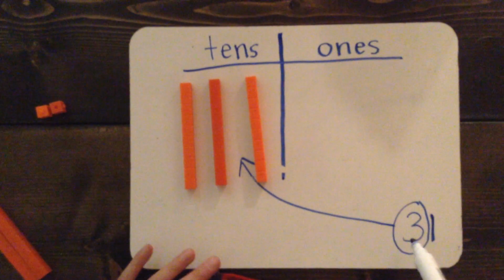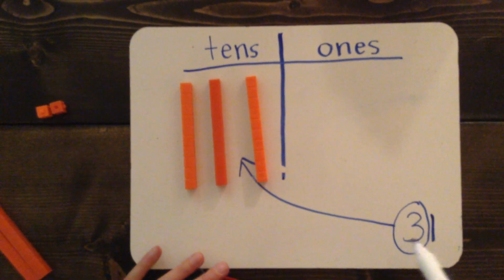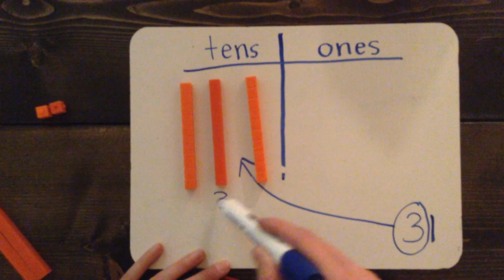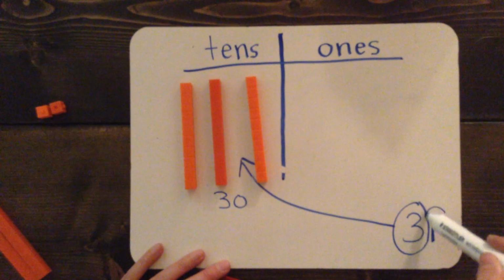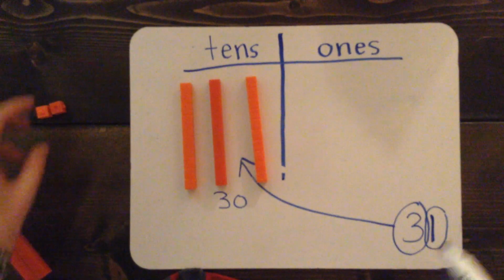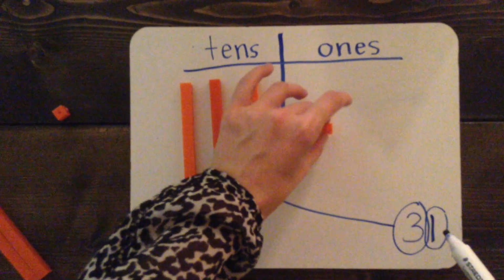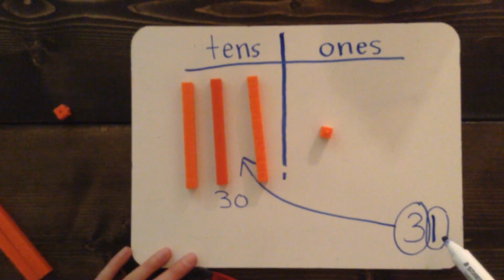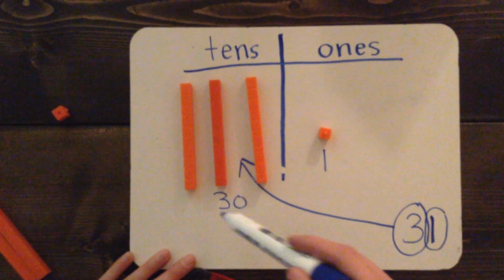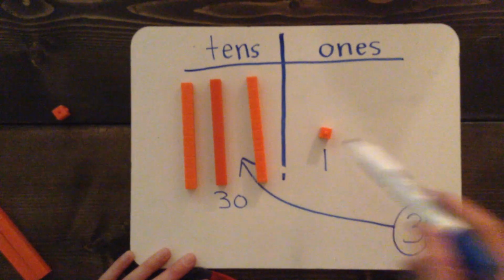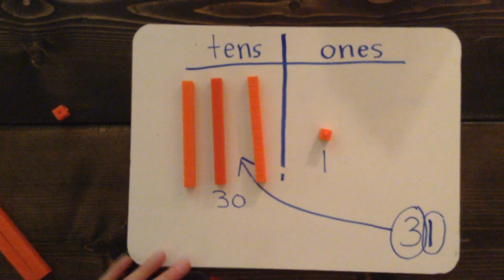The number 3 in our number 31 actually means 30. 10, 20, 30. Now it's time to make the second digit. This represents how many ones. In this case, the number is 1. This is how you build 31. 30 and 1 more makes 31.